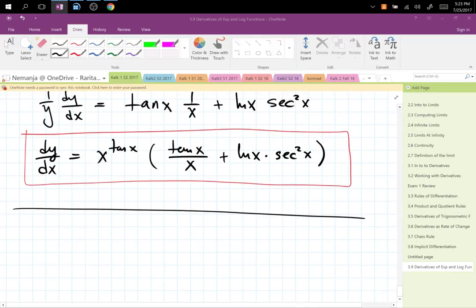So from the textbook, they're asking you to solve problem 48. Find the derivative of the function y equals x squared plus 1 raised to the power x.